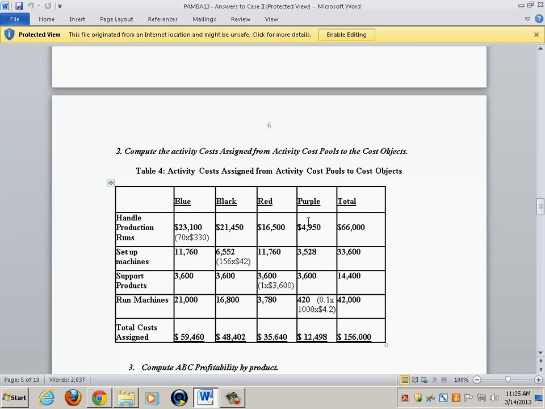We must and black, and so on. So all the numbers are calculated by the same method.